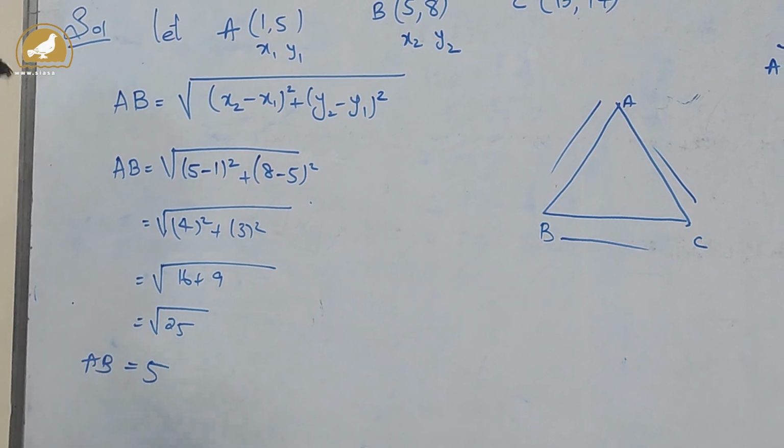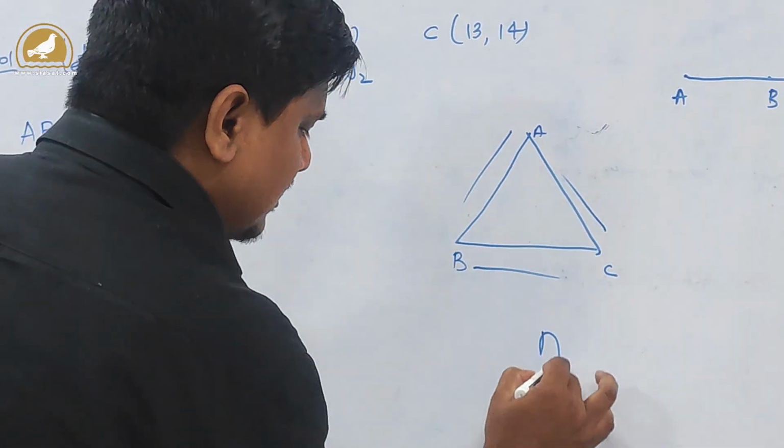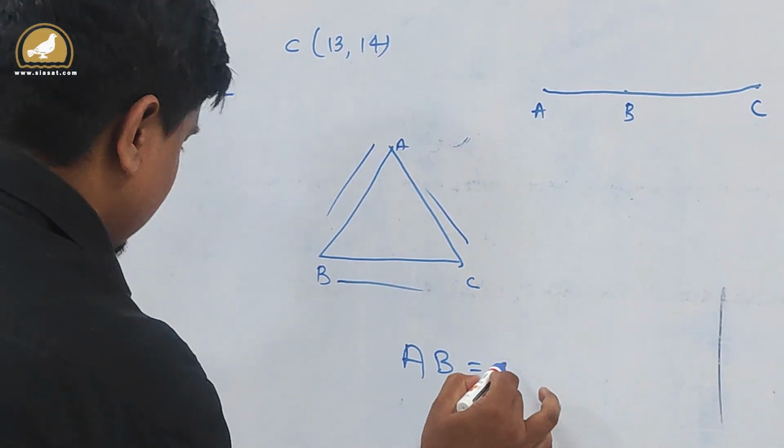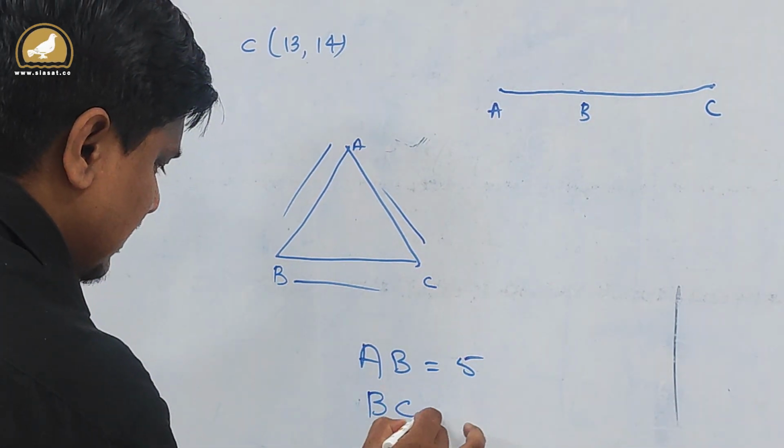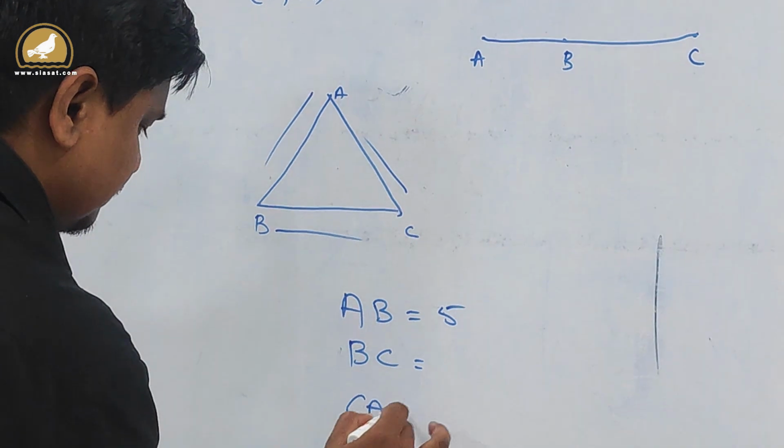So AB is 5. Now we'll calculate BC and then CA.